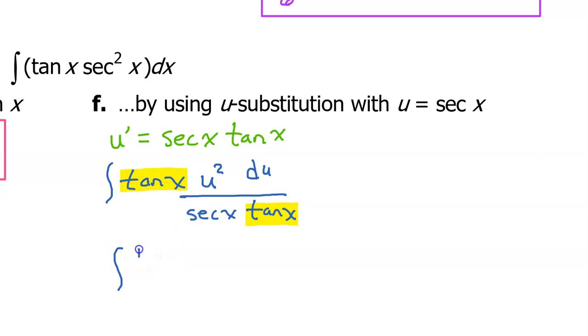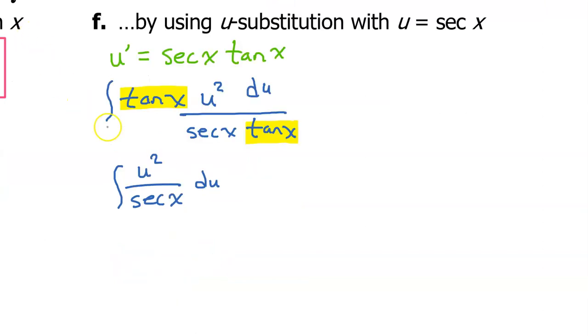So for now, I have u squared over secant x du. It turns out to be okay that secant x did not cancel out because u equals secant x. So I can put a u here instead.